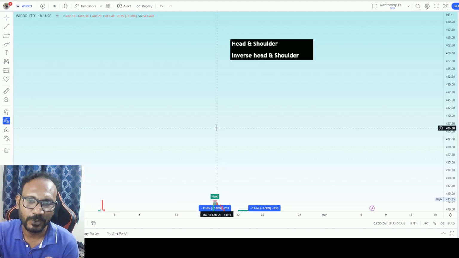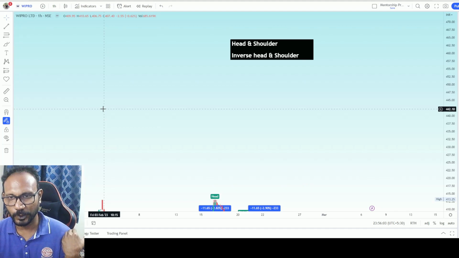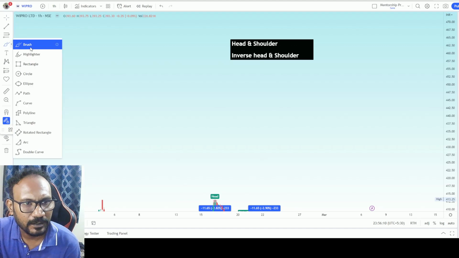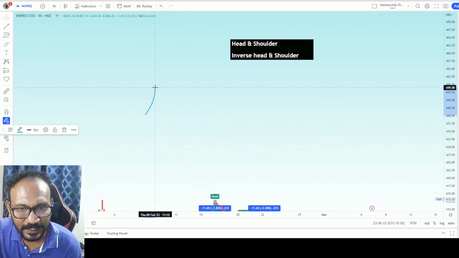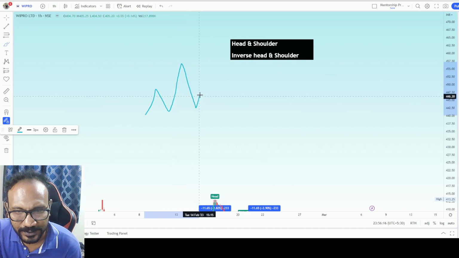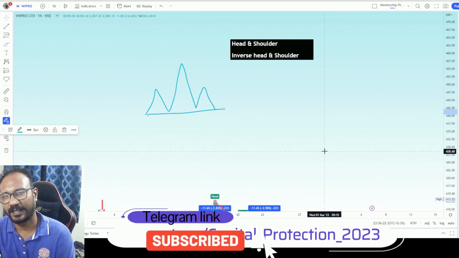So what is a head and shoulders pattern? Just like our body, we have a head and two shoulders, right? Similarly, there is a chart pattern where you find shoulders, something like this, and then there is a head and there is a shoulder. And there is a neckline that connects everything, right?